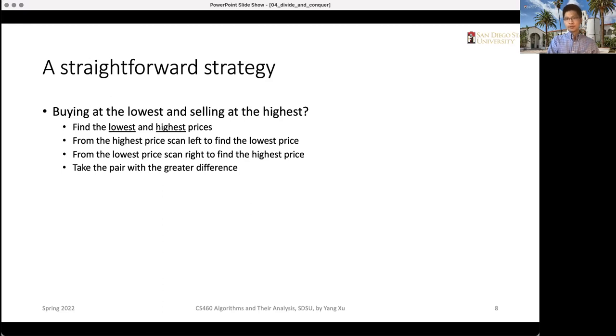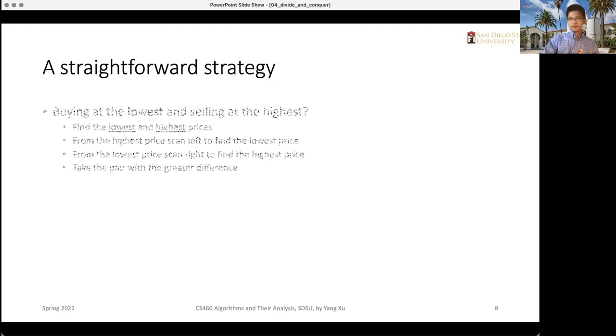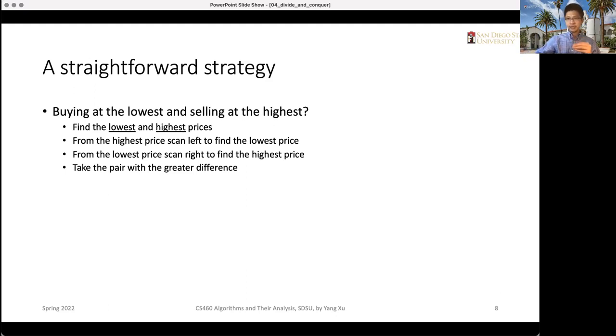But since we have constraints, once we have found the lowest point in terms of price, we have to sell at a later date, so we have to find the highest price to the right of the lowest price. We cannot sell ahead of buying it, right?